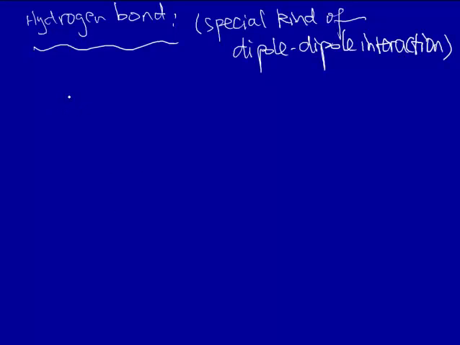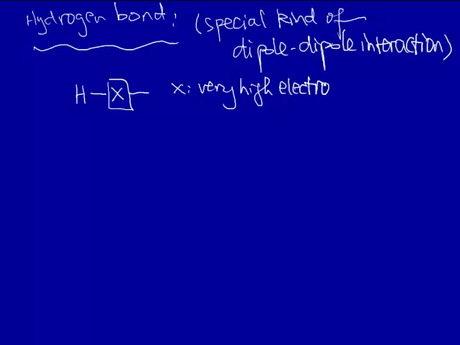As we can see, if the hydrogen is connected with an element X, and this X has very high electronegativity, like nitrogen, oxygen, and fluorine, the resulting covalent bond between the hydrogen and the X will be highly polar.